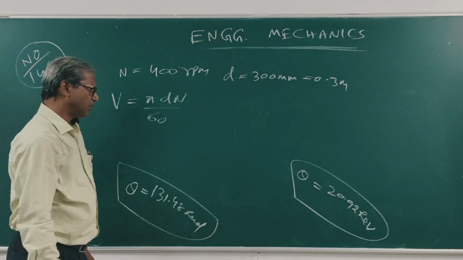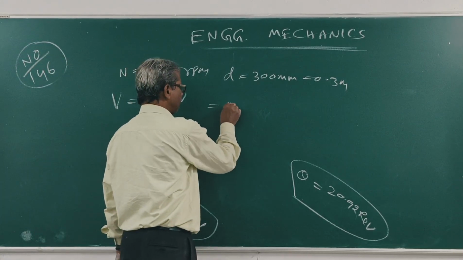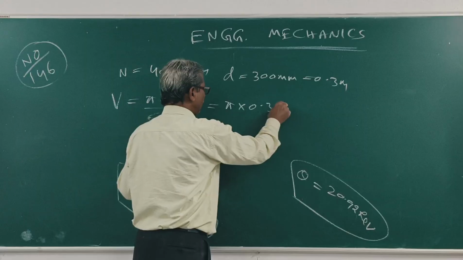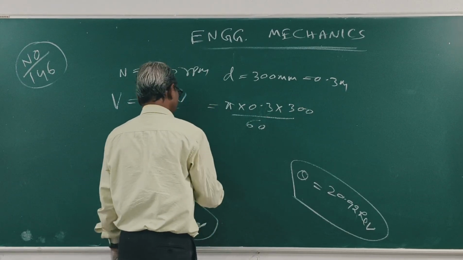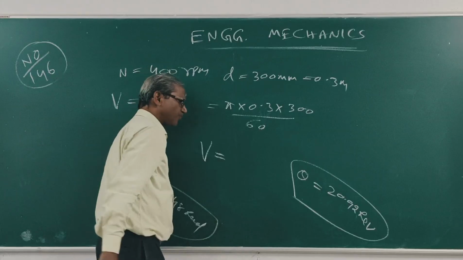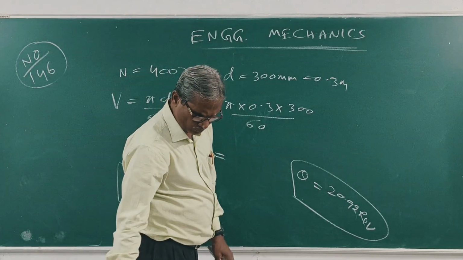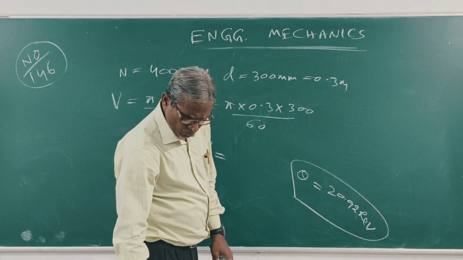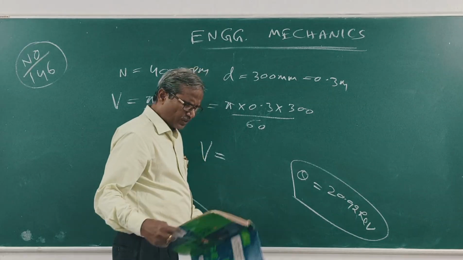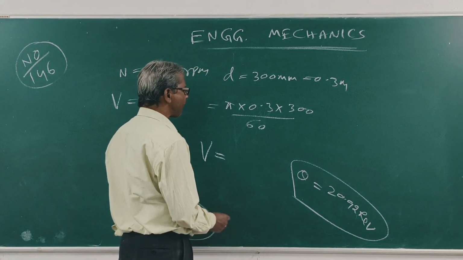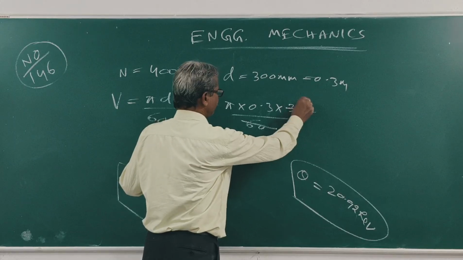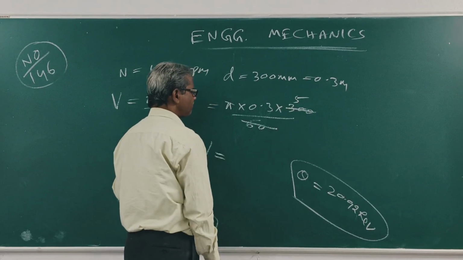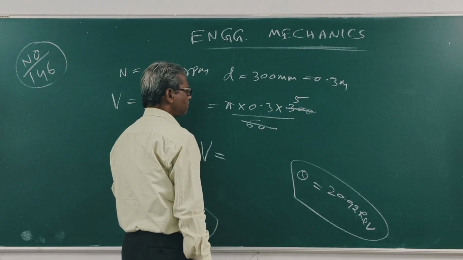So this is equal to pi into 0.3 into 400 by 60, clear?